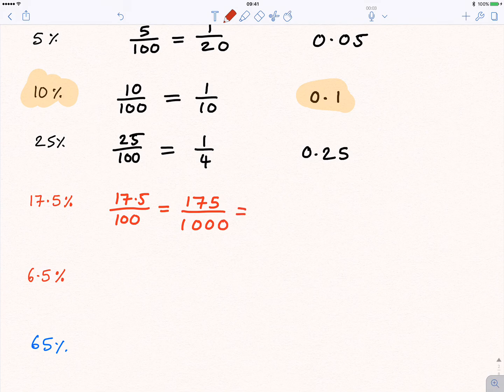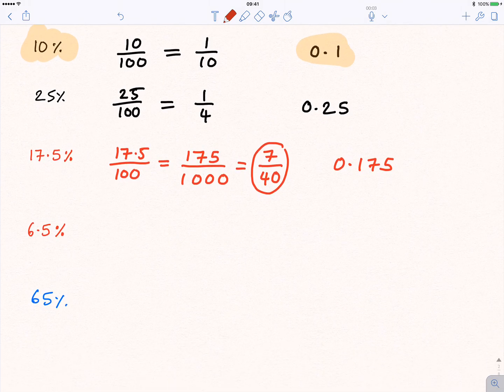Let's say we divide by 25: 175 divided by 25 is 7, and 1000 divided by 25 is 40. So 17.5% in its simplest form is 7/40, 7 over 40. And as a decimal is 0.175.